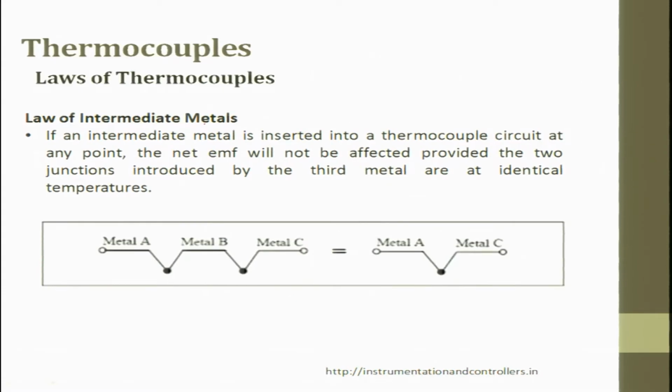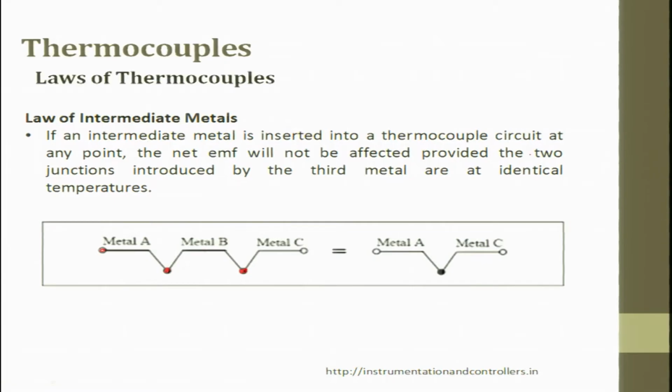The law of intermediate metals: if an intermediate metal is inserted into a thermocouple circuit at any point, the net EMF will not be affected provided the two junctions introduced by the third metal are at identical temperature. So, if you have metal A, metal B and metal C, you have a junction.